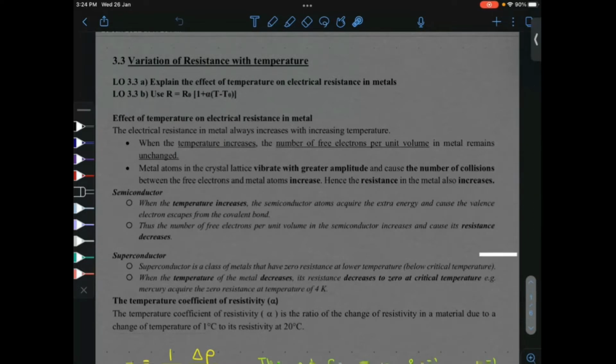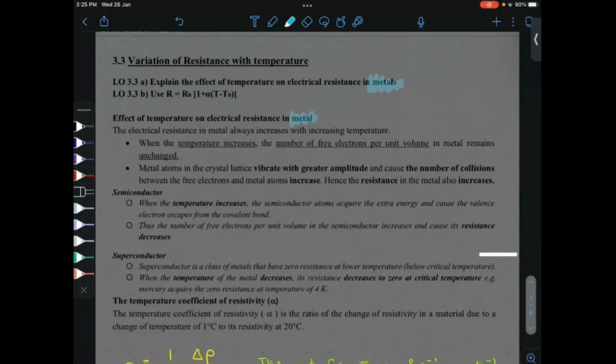Alright, so first thing adalah we are going to look at the effect of the temperature on electrical resistance in metal. Kalau kamu tengok dalam learning objective kamu dia cakap kita nak tahu on metal sahaja. And as you can see in your notes, I have given 4 metal. Ini yang kita nak wajib tahu.